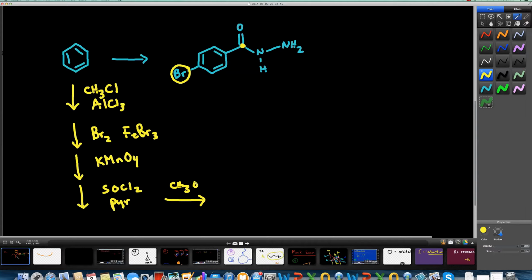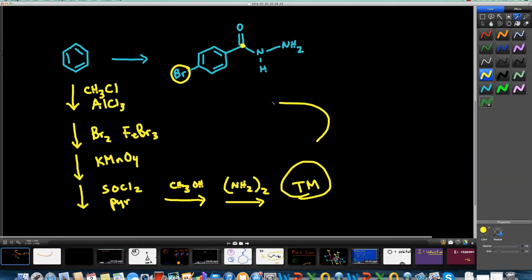And then we can convert the ester to the acyl hydrazide with hydrazine. 5-step reaction. So if we go back and look at the reagents, of course this affords the target molecule, which is this guy right here.